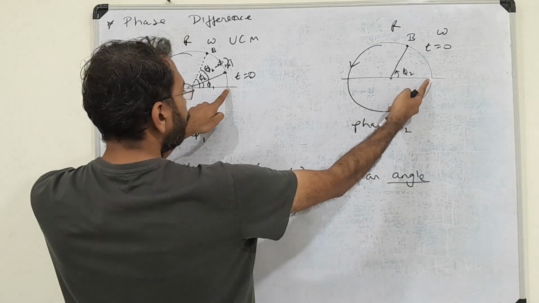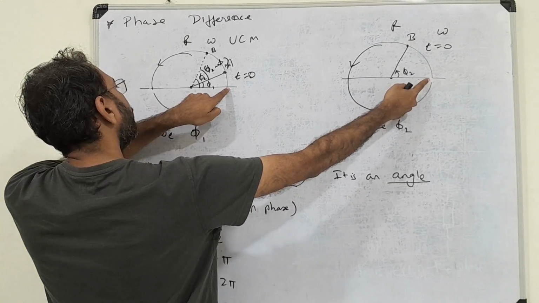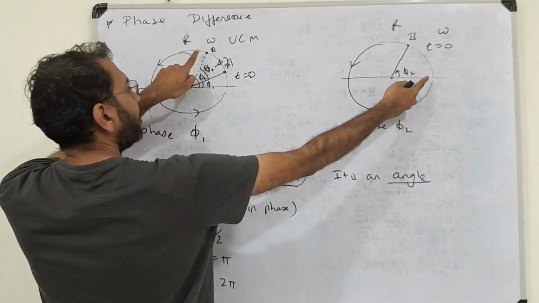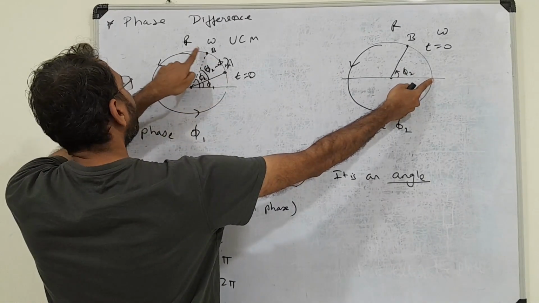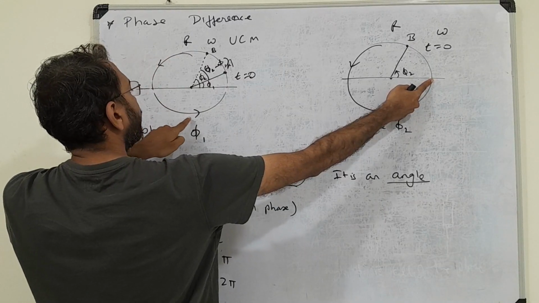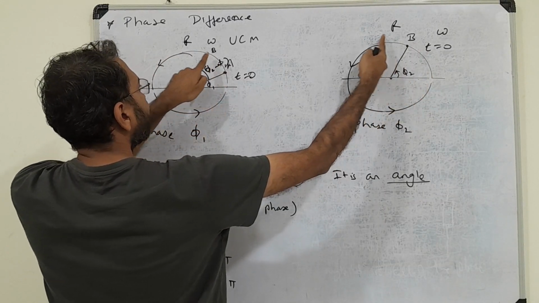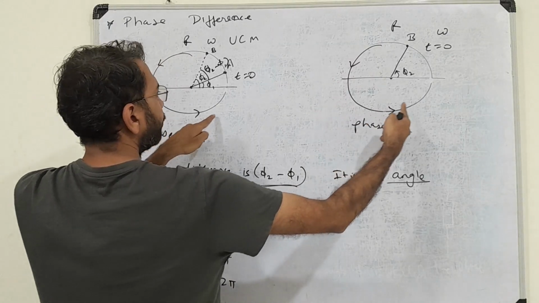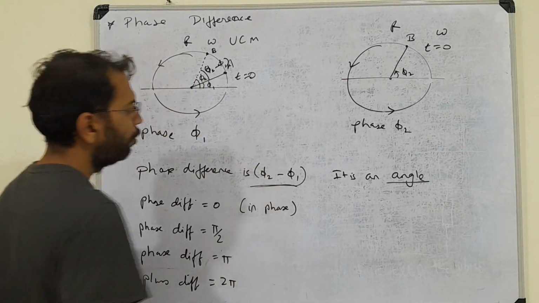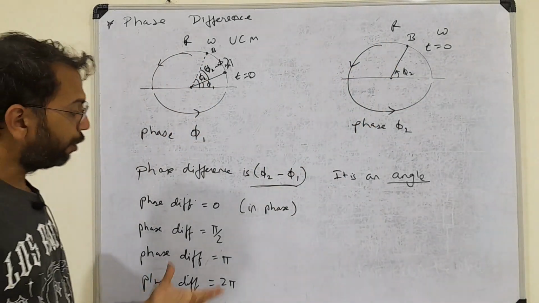At time t is equal to 0, you start, this remains here, A goes like this, and then this starts. So this is what you have, and so on and so forth.